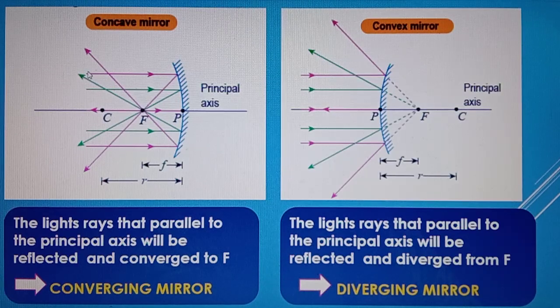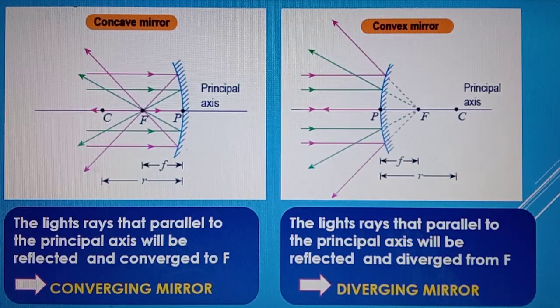So you can see this light ray hits the mirror at this point and bounces back or reflects. Look at this one, the green color also reflects. Okay, below part also the same thing. Okay, reflect.